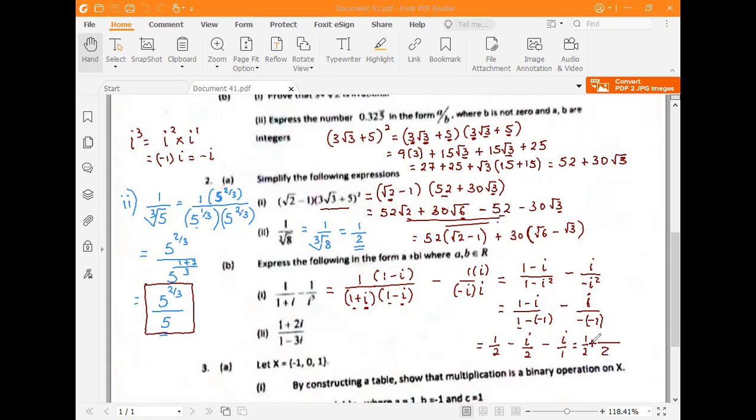So negative I there. And then 1 into 2, we get 2. 2 times negative I will have minus 2I. Then the final thing is going to be 1 over 2, and then minus 3I over 2.